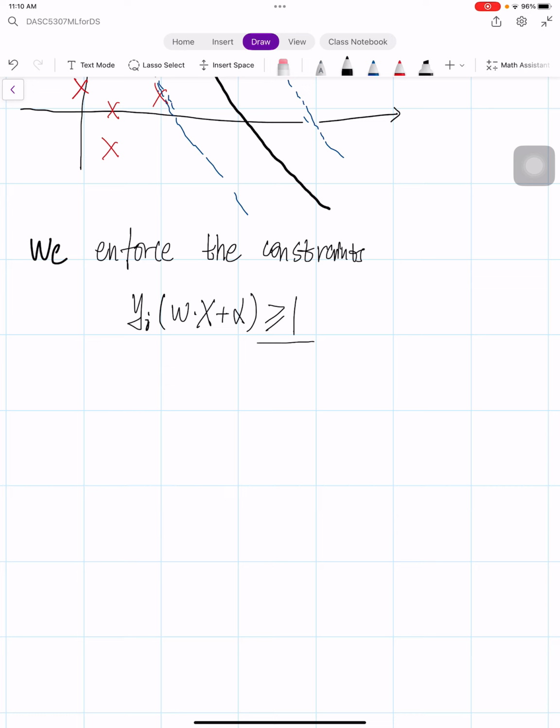This is greater than 1, because remember 0 in the perceptron algorithm. Okay. So that's the difference.